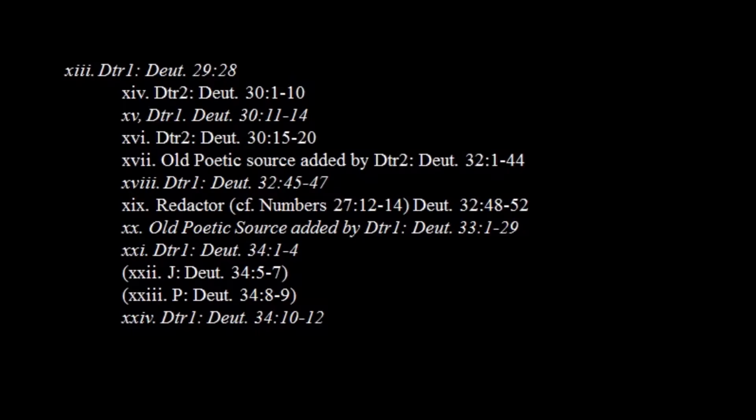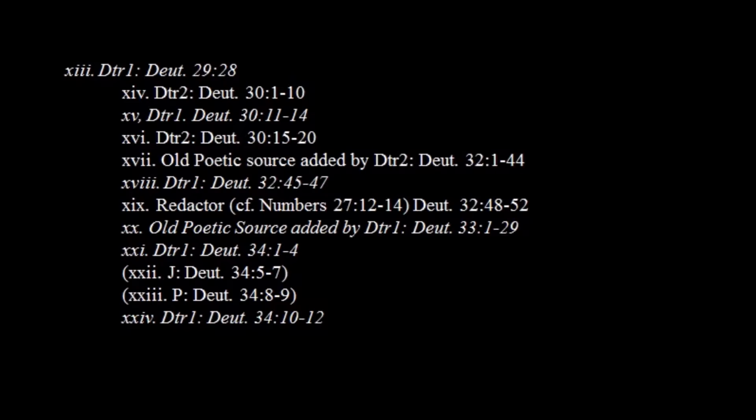And then what's really interesting is that if you go to chapter 34, which is the last chapter, on page 453, the first 4 verses are DTR1, which talks about where he is, and that Moses isn't going to see it.